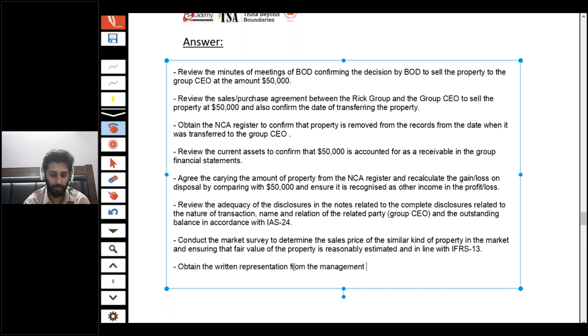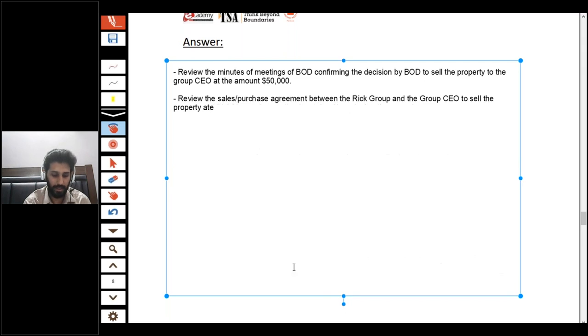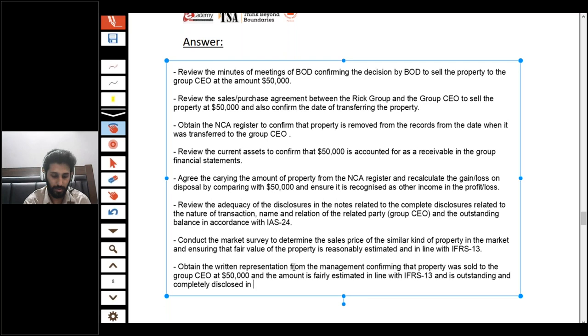You can obtain the written representation from the management confirming that the property was sold to the group CEO at $50,000 and the amount is fairly estimated in line with IFRS 13, is outstanding, and is completely disclosed in accordance with IAS 24.